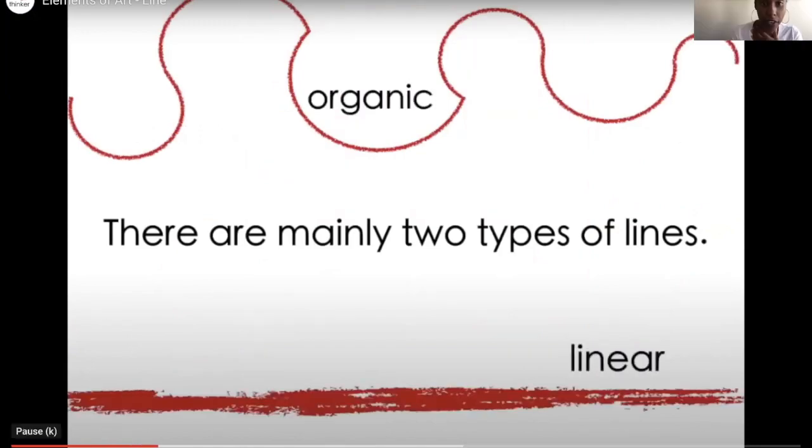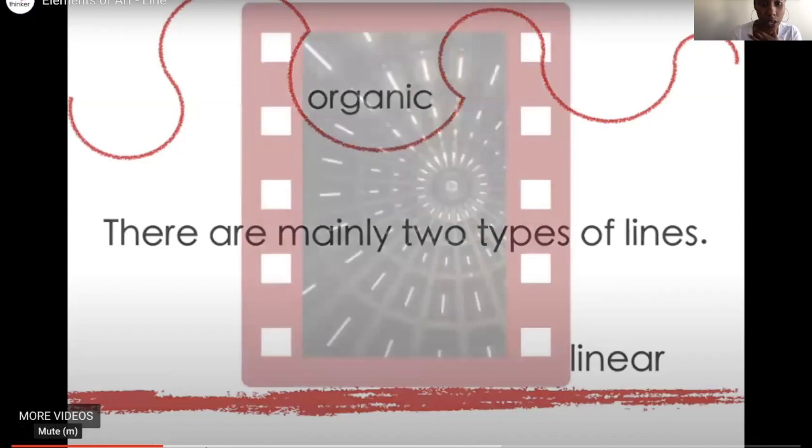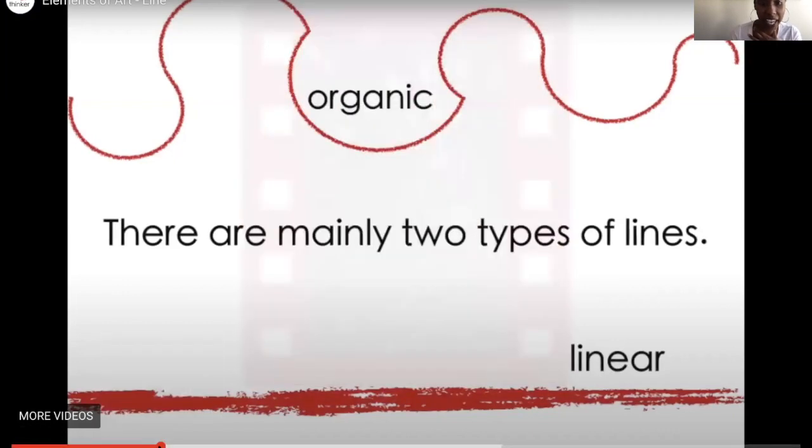Okay. And there are two types of lines, one being organic and the other being linear. So what do we notice in the difference between organic and linear? Would somebody like to share? I see a hand. I think that's Amarian's. Go ahead, Amarian.